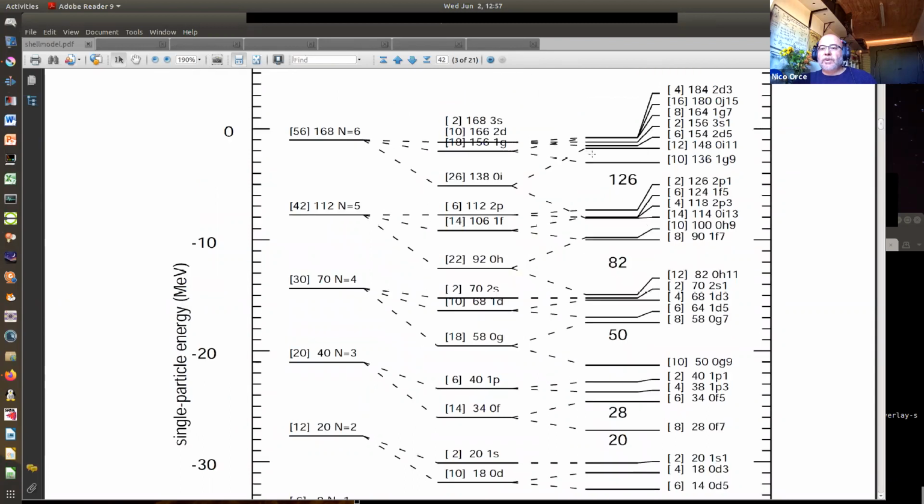So with the spin orbit interaction we can finally reproduce all these magic numbers, all these large energy gaps, which make those nuclei which have filled up this last level, because the next one is far away in energy, extremely stable compared to others.